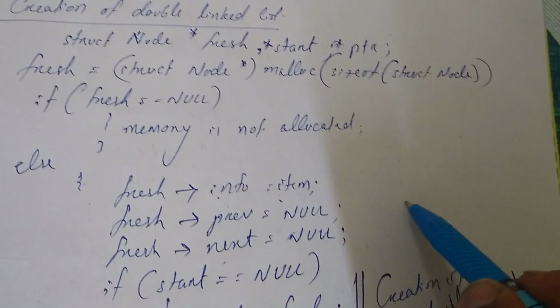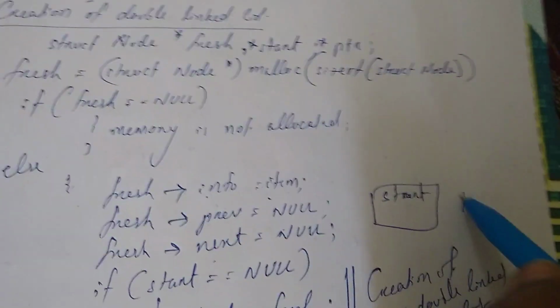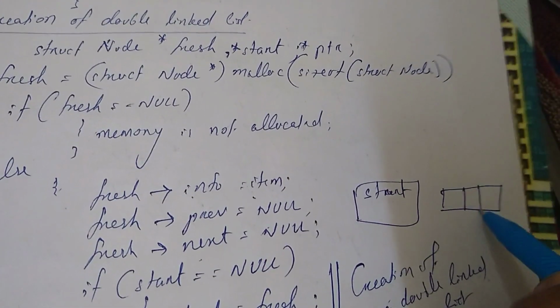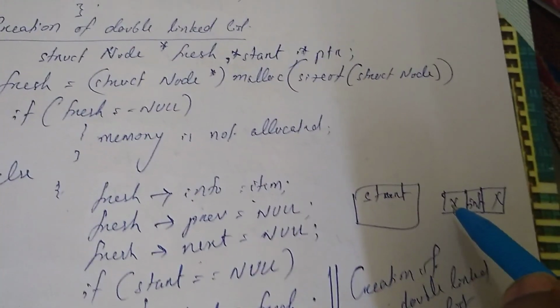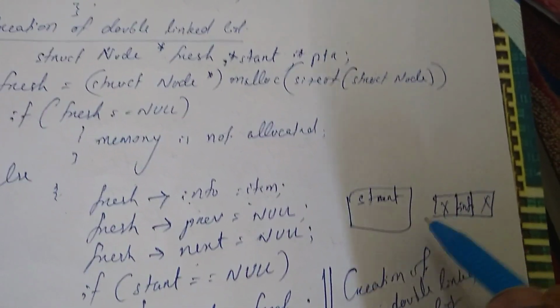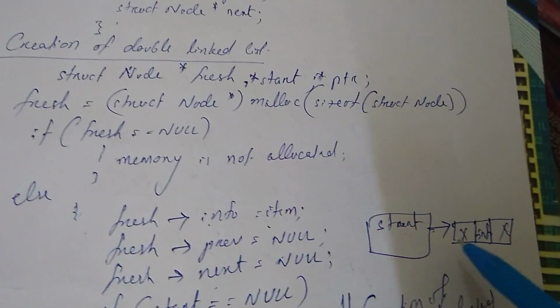Here you have start, and one node is added which has an info part, and because it is one node, previous and next both have null value.